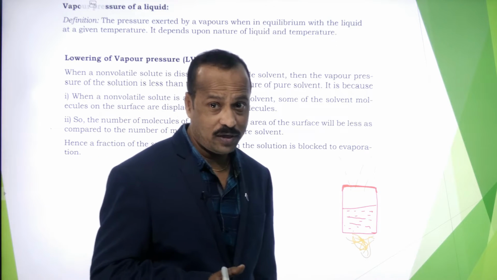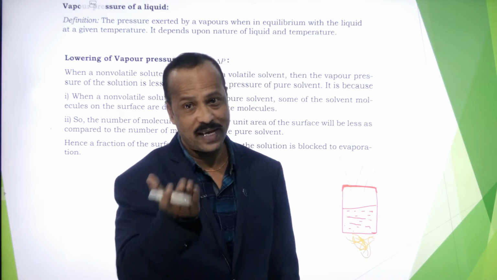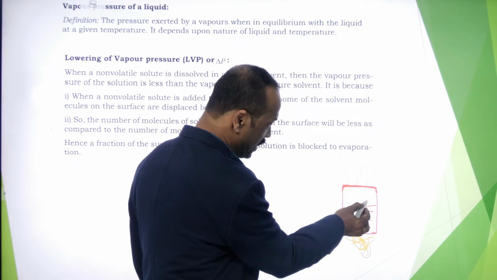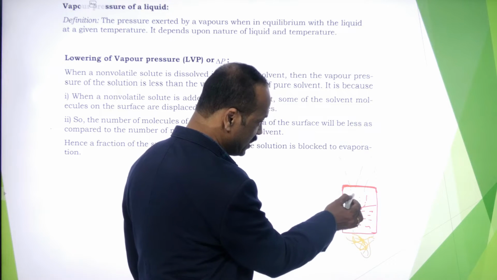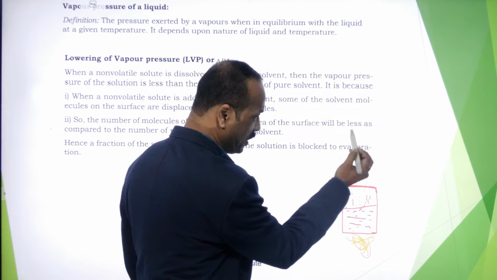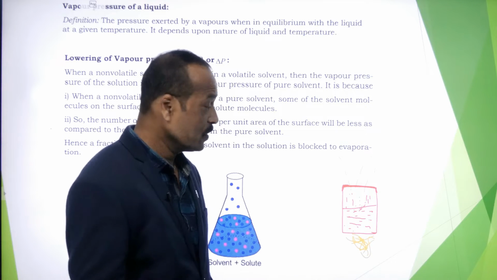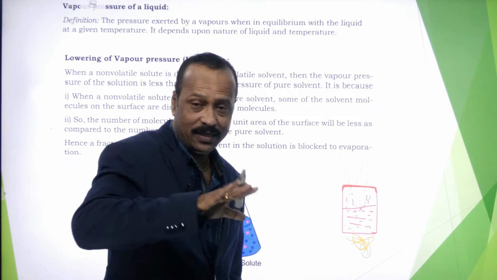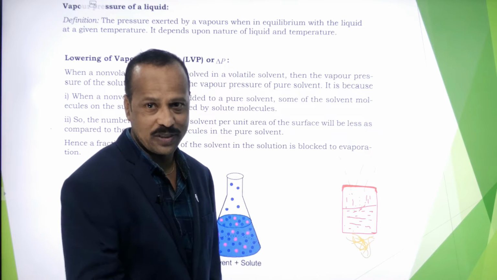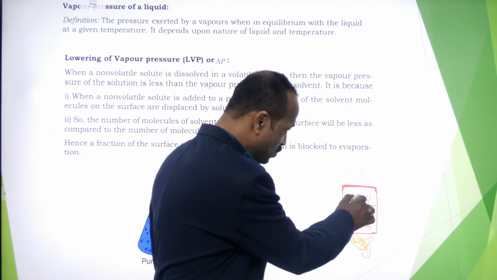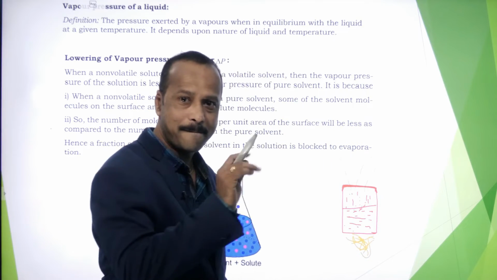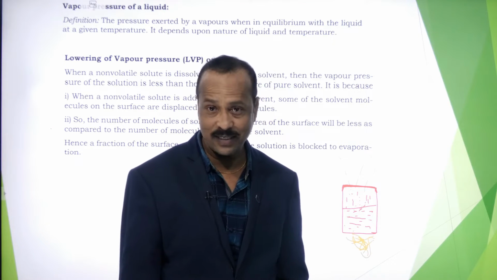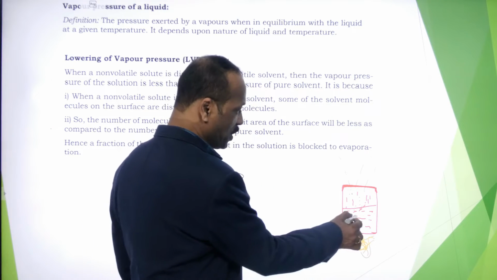Boiling means the liquid is converting into gas, and the gas is moving above the liquid. But here the lid is closed. Now can this water vapor escape outside? No, there is no chance for the water vapor to escape. Yes or no?